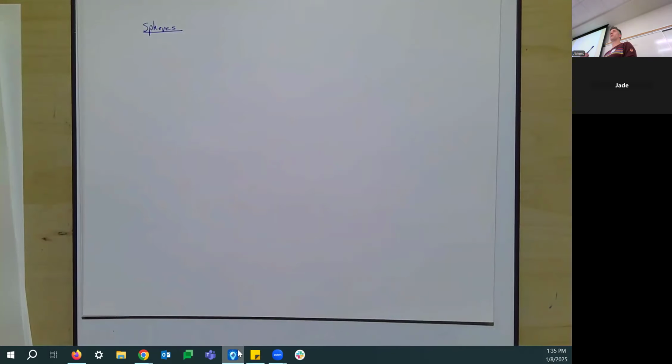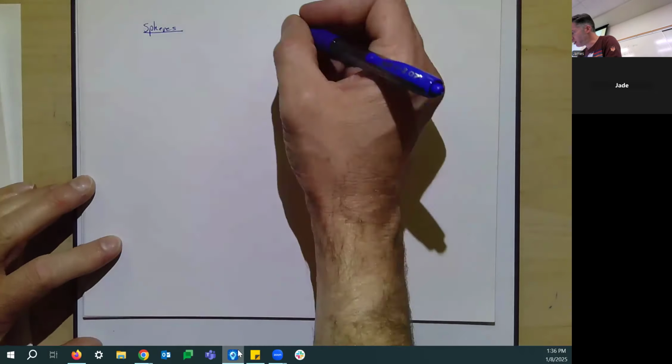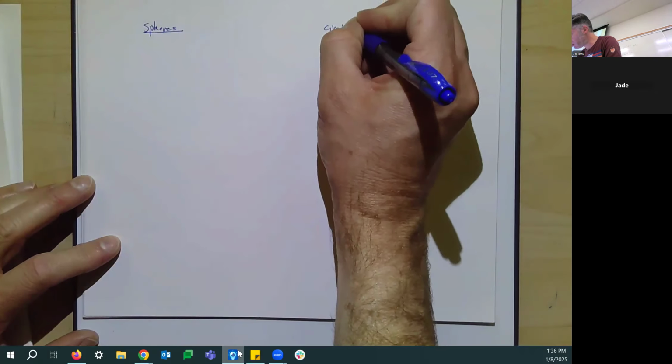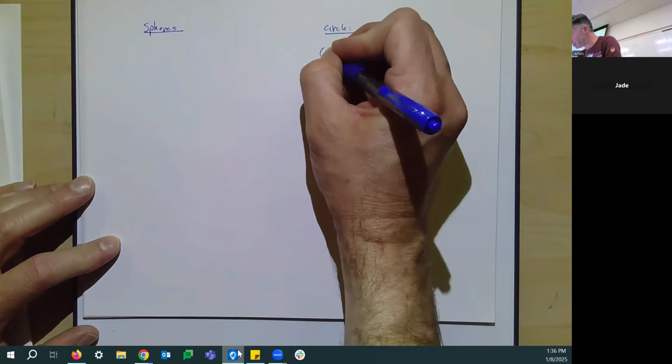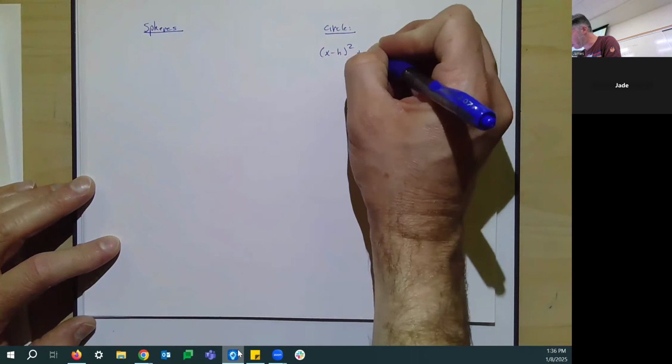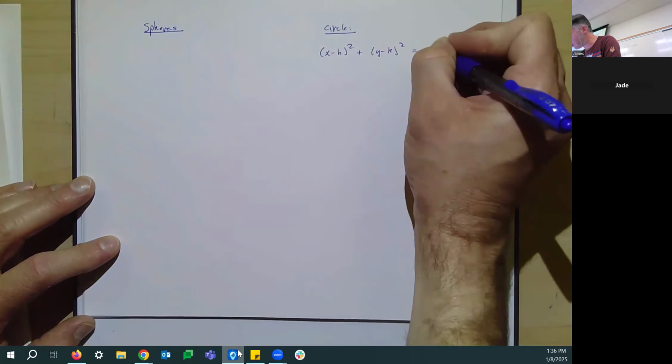And so the equation of a sphere is very, very similar to the equation of a circle. You're literally just adding on another dimension. So circle, the equation very generally is (x minus h) squared plus (y minus k) squared equal to r squared.